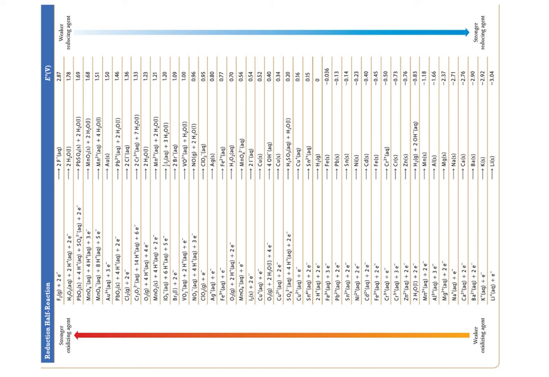So here's our table. Sorry that it's sideways. I wanted to give you the most space on your slide. So we look over here at these electrode potentials. Now these are again reduction half reactions.